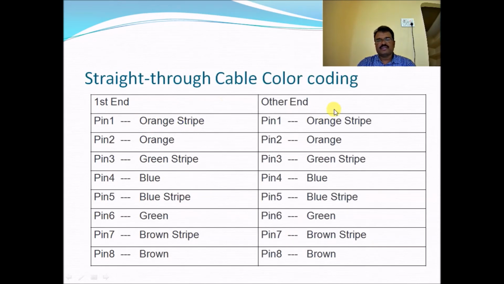In straight through cabling color coding, pin 1 through 8 on one end and pin 1 through 8 on the other end. First arrange the orange stripe wire, then the orange wire, then the green stripe wire, then the blue wire, then the blue stripe wire, then the green wire and the brown stripe wire, and last the brown wire. The same arrangement is made on the other end also in straight through cabling.